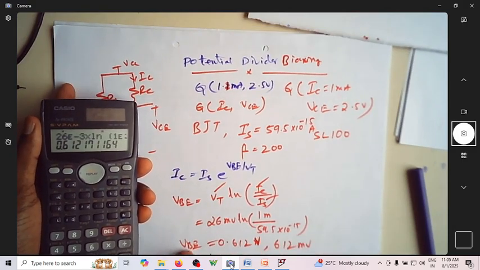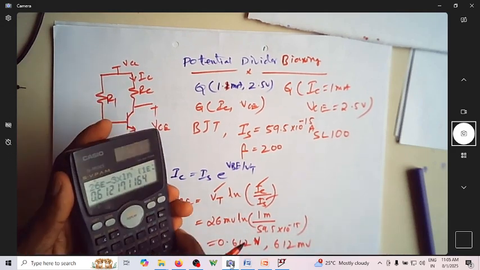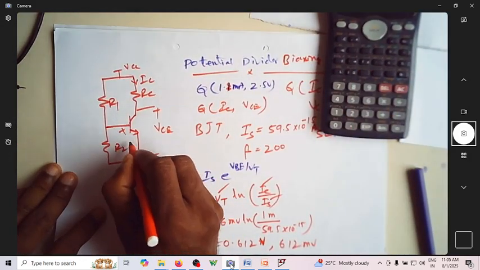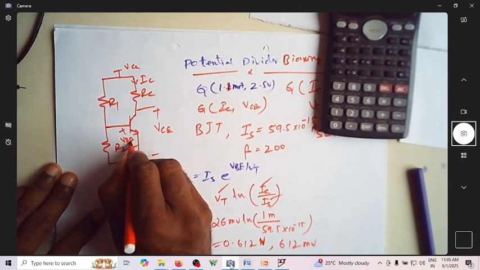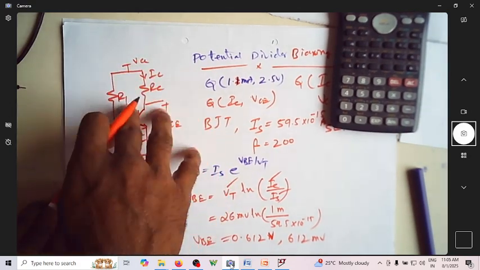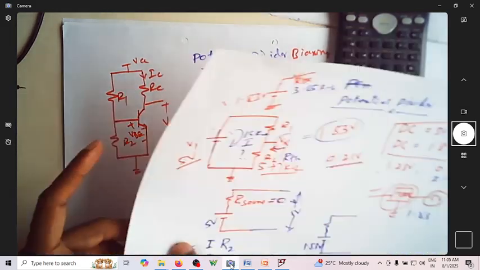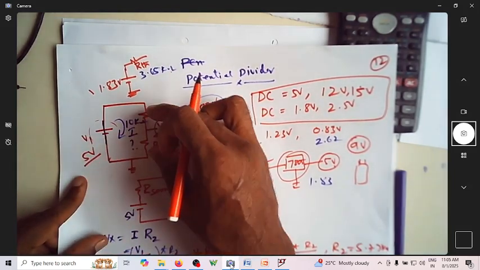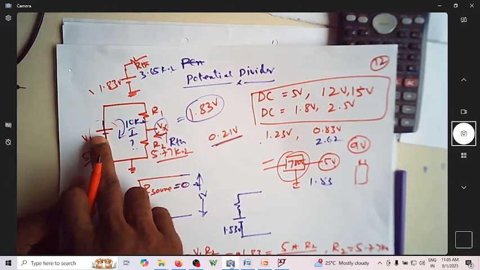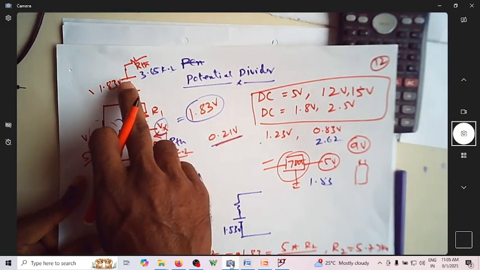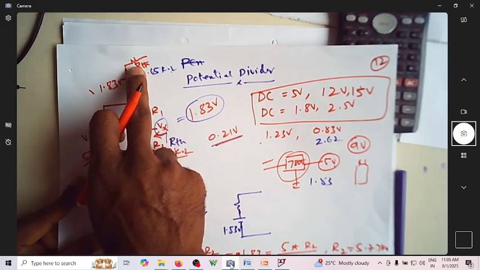Now once you know VB required, this is VB, from here to here. Can I write the equivalent circuit of this? In the previous lecture we know that we can replace this entire potential divider by a power supply and a RThevenin.